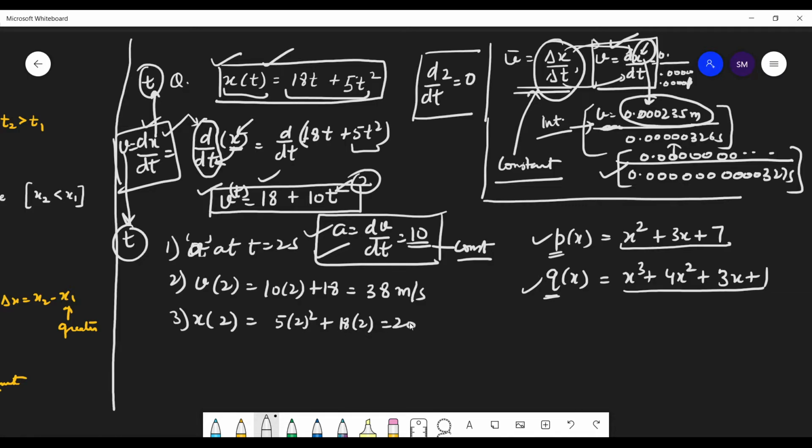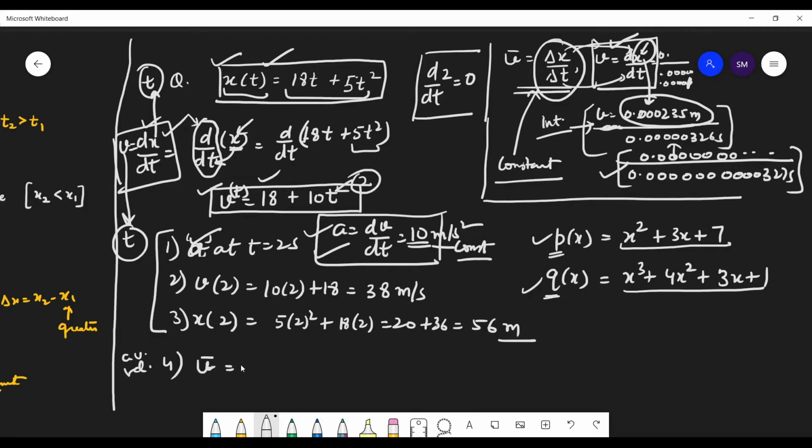That's 5 fours are 20 plus 36, so that equals 56 meters, right? So fourth question. Only four questions can basically be framed: acceleration at any point of time, velocity at any point of time, and position at any point of time. The next question that can be framed is of average velocity, because constant acceleration means average acceleration is the same as instantaneous acceleration, so no question can be framed from there. So the only question left is average velocity, because instantaneous we have taken.